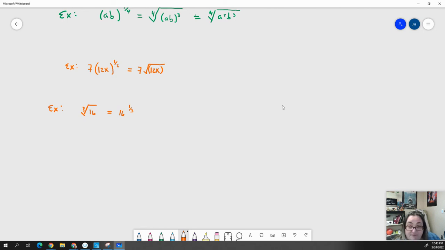But really, that's about as tough as it gets. If I have, for example, the 4th root of k to the 5th power, we're going to write that as k to the 5/4.